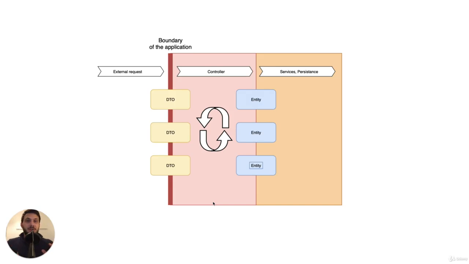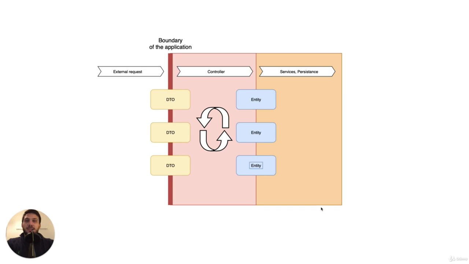DTO can be translated as data transfer object. It's a known pattern in the programming world. Thanks to DTO, we can fully control the output from and input to the application. DTO handles the correct data at the application borders. It doesn't have to be fully consistent with our entities, but it is mostly quite similar to the application logic.